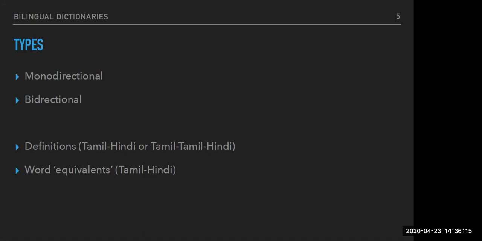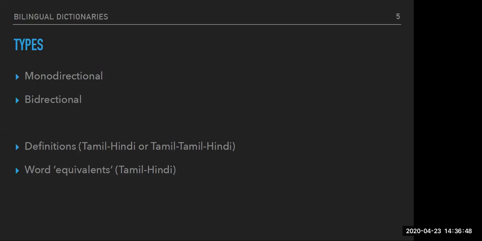Since you understand what day means, that would be useful to you. But day is a very trivial basic example. If you had a more complicated word and you don't know what the word means at all, you might just need a definition. You might not actually need to know the equivalent word, because you're just interested in understanding the language. That would be a reception-oriented approach. You're not really interested in translating the language or anything like that.